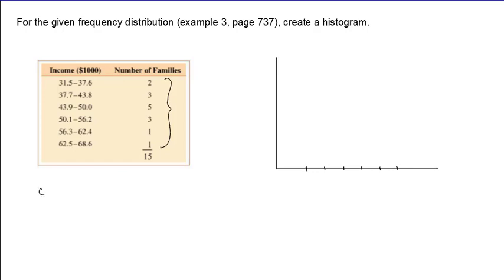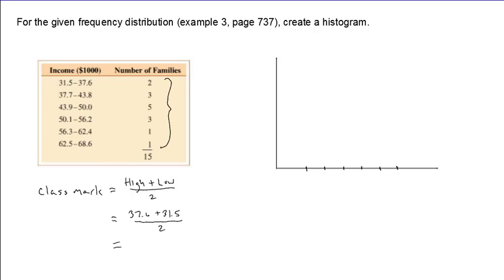Instead, I'm going to create what's called the class mark for each of these classes. The way you create the class mark is you take the high value of the class plus the low value of the class, and then you divide that by 2. So for the first class, the high value is 37.6, the low value is 31.5, and I'm going to divide by 2.